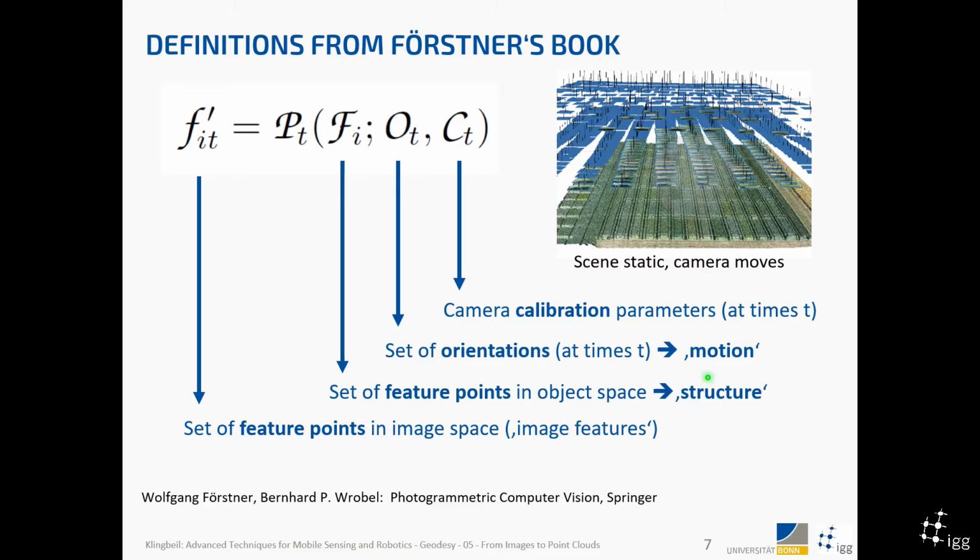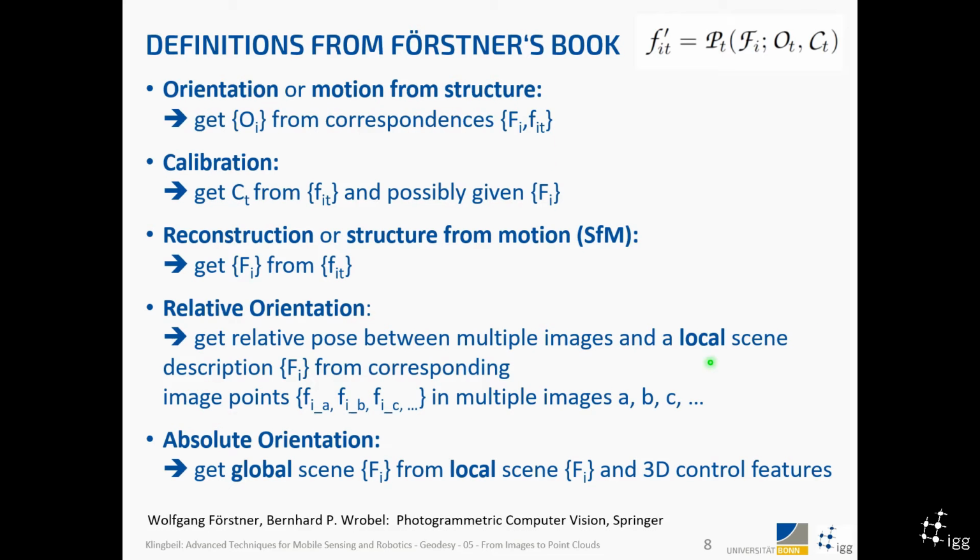Now in the book there are some definitions of different estimation processes, and I listed them here because it's good to know the differences and to understand what is actually estimated. Here we again have this function with a projection.